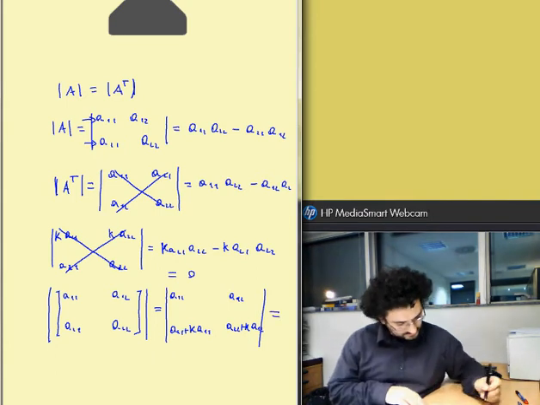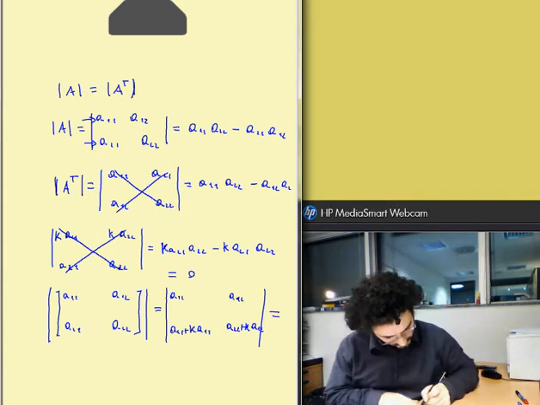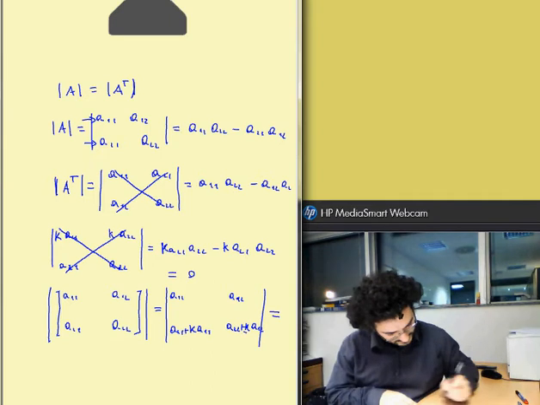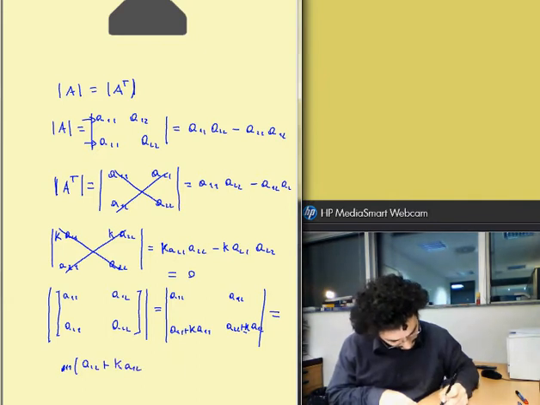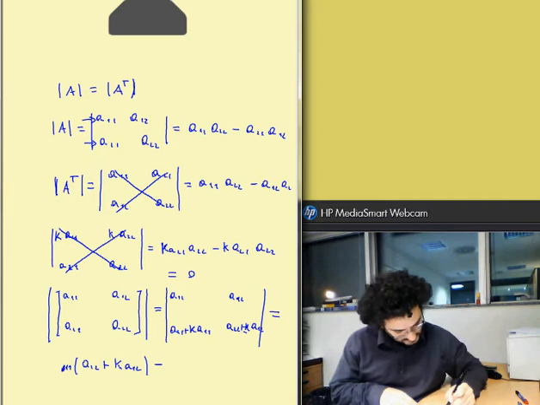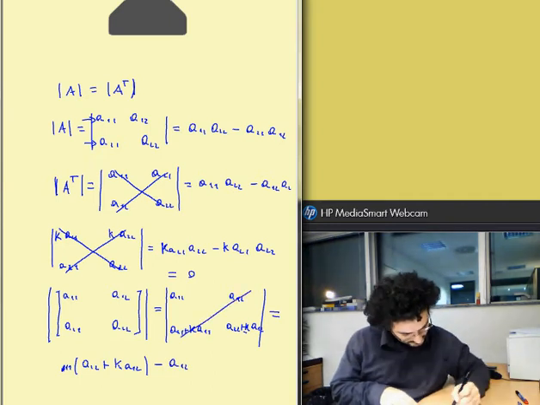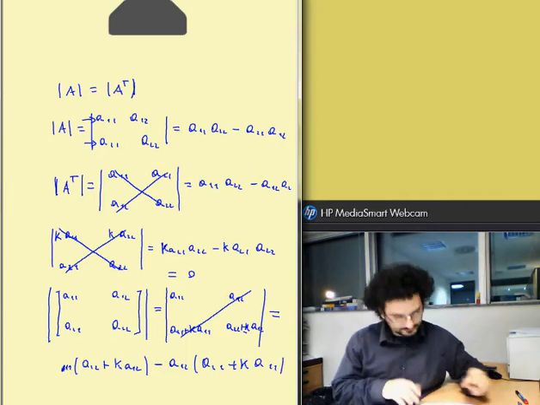We can compute this determinant. This is equal to, considering the main diagonal, A11 times A22 plus K A12, minus, considering the second diagonal, A12 which multiplies A21 plus K A11.